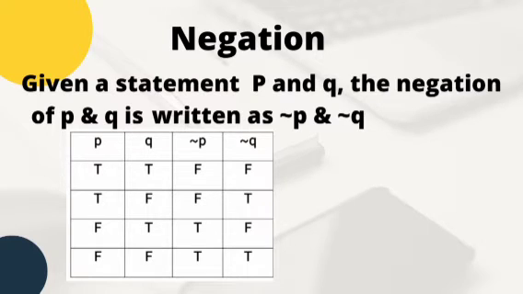If statement P is true and statement Q is false, then negation of P is false and negation of Q is true, and so on.